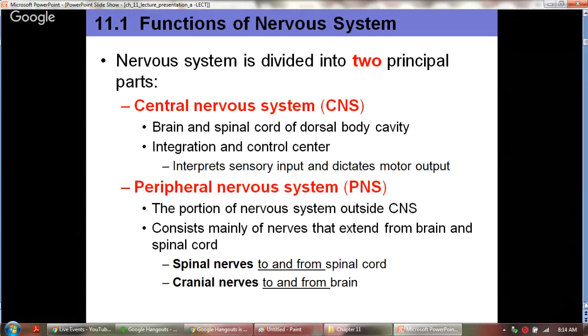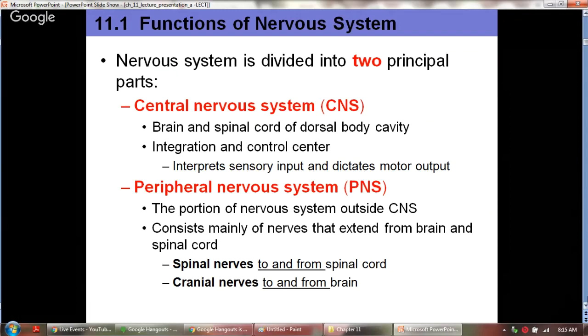We can divide the nervous system into two principal parts. The first one is the central nervous system, which includes the brain and the spinal cord of the dorsal body cavity, and it is the integration and control center. The second part is the peripheral nervous system, which includes the portion of the nervous system outside the central nervous system.